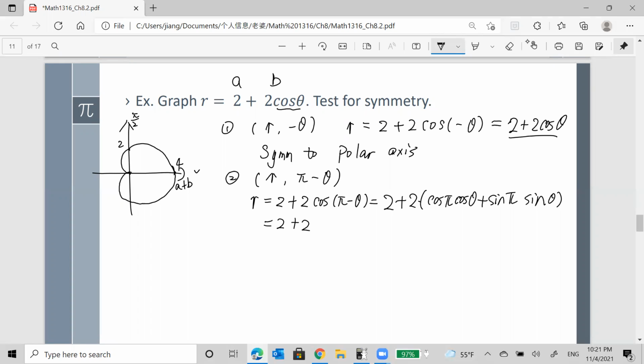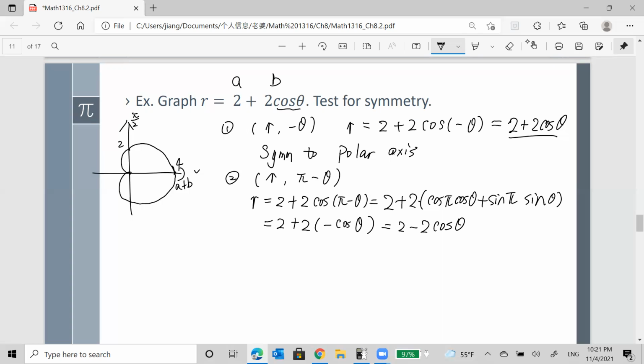So what is cosine pi? Cosine pi is -1, so -1 times cosine theta, negative cosine theta. And sine pi is 0, so this term is 0. So I have 2 minus 2 cosine theta. So this one and this one, they are not the same.